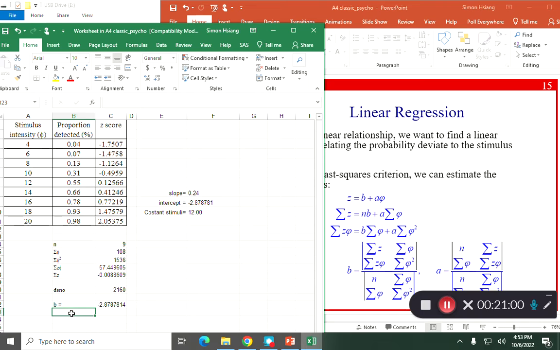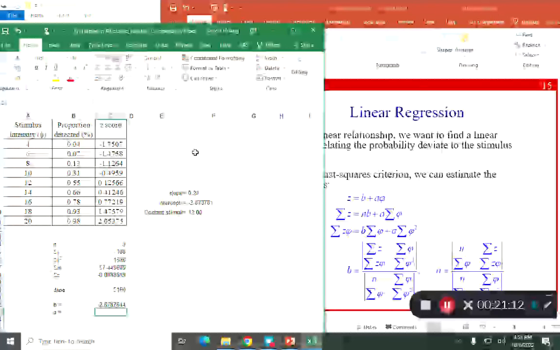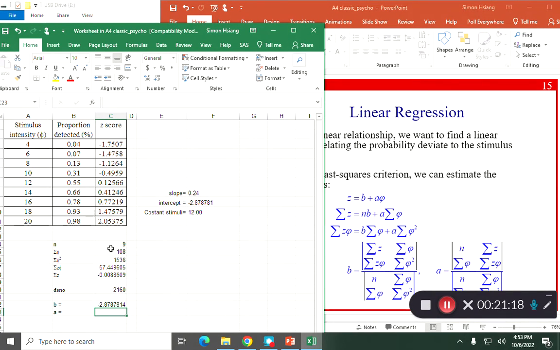And let's do our A term. This is not different from our design of experiments regression, X transpose X, X transpose Y. A term is equal to N times summation Z phi minus summation phi times summation Z. Okay?